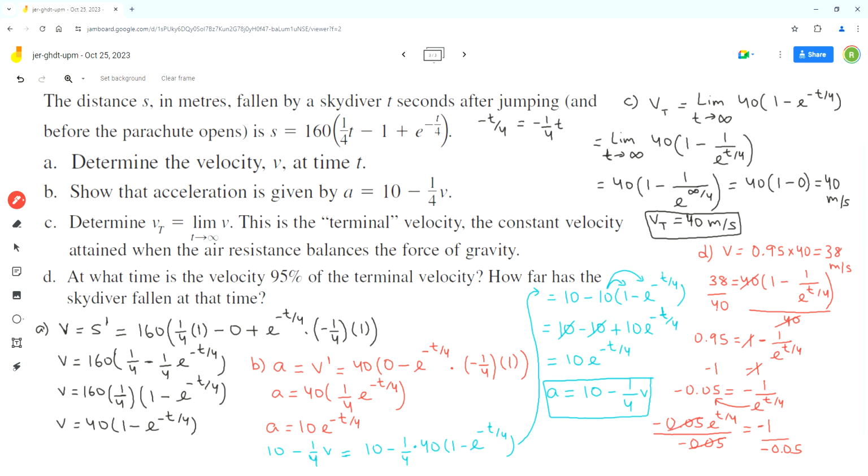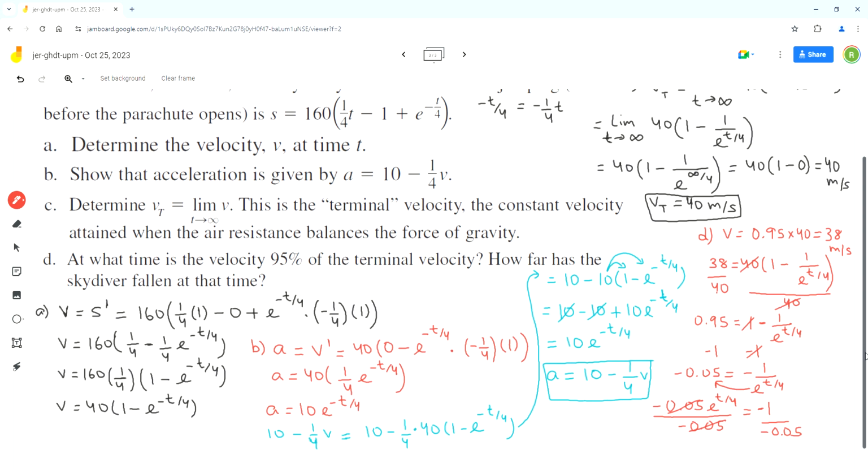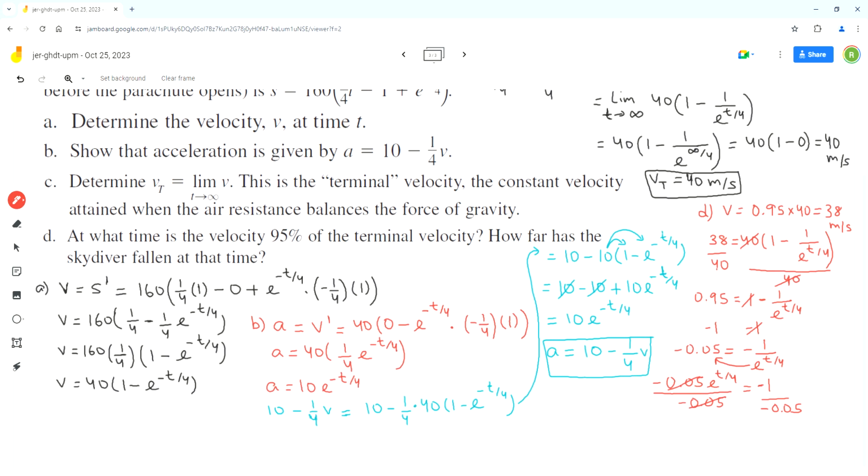So negative 1 divided by negative 0.05 is equal to 20. So in the next step, we can continue here on this left side. So e to the power t over 4 equals 20.